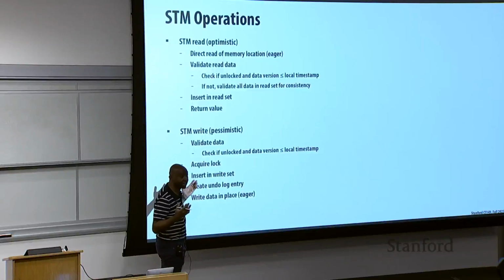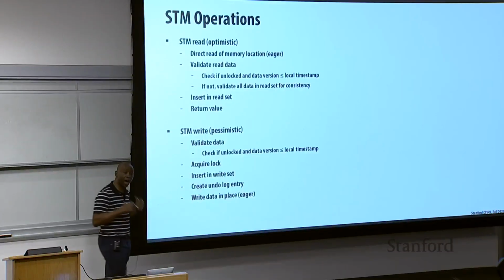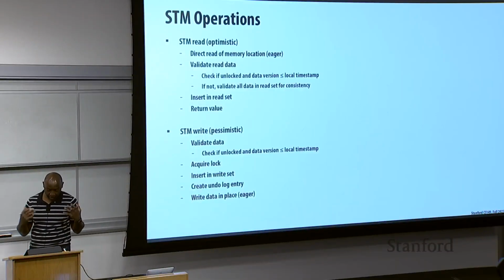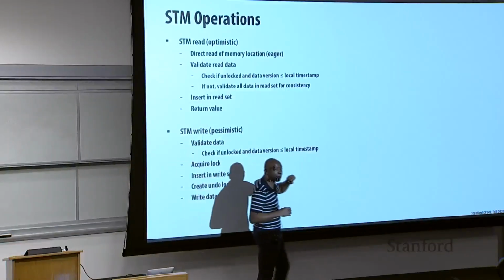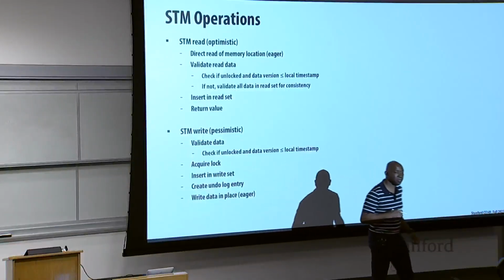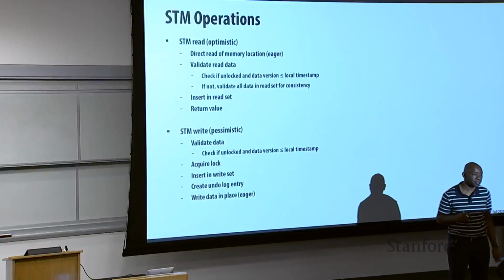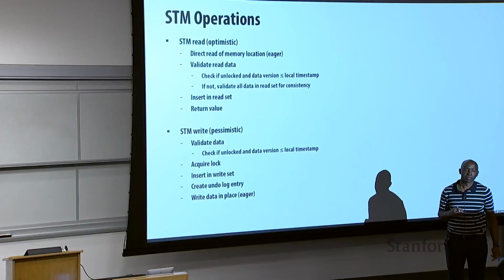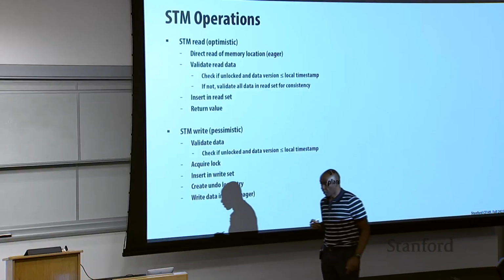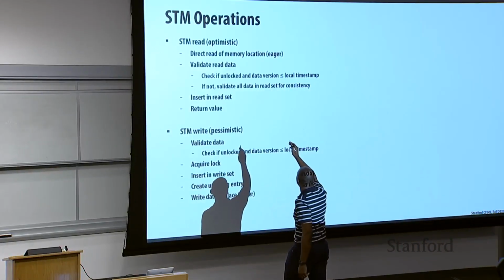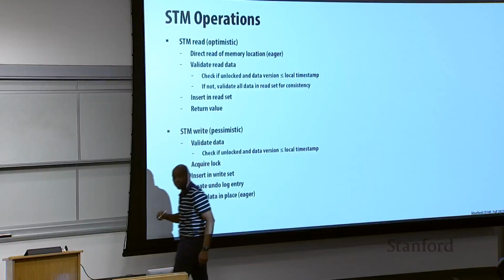If it's unlocked and the data version is less than the local timestamp, what does that mean? Yeah. It's in a shared state that you can take it as exclusive now. Okay, but what does it mean that the data version is less than the local timestamp? Yeah.